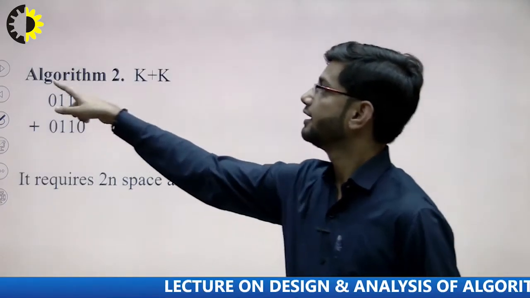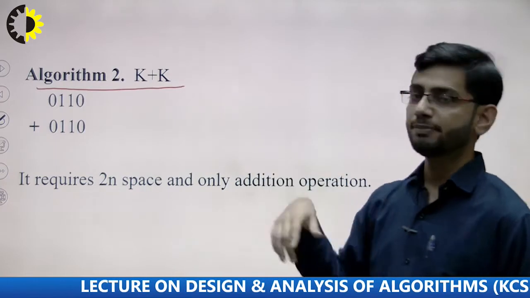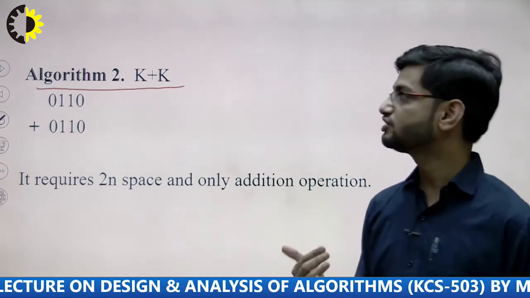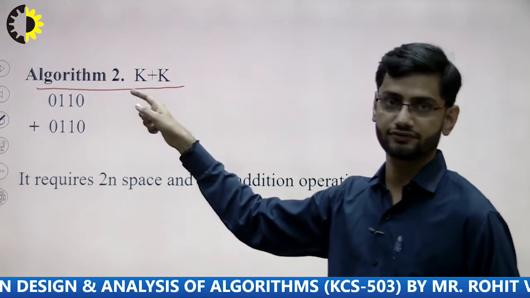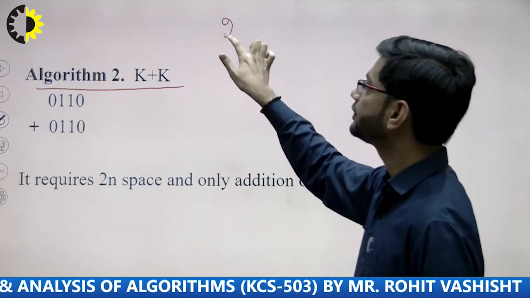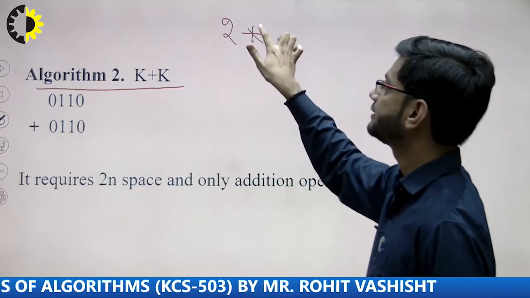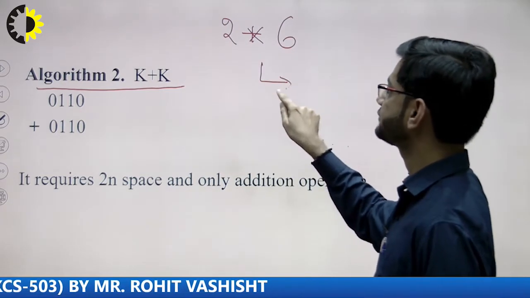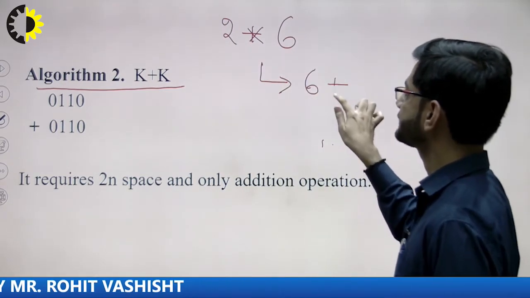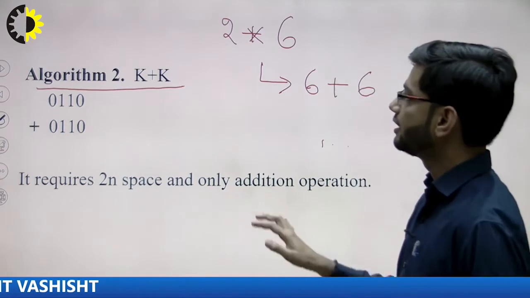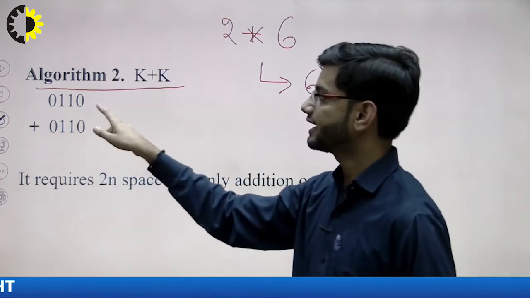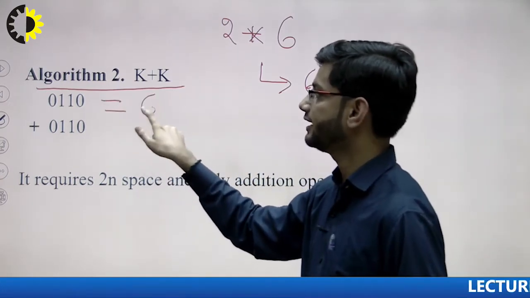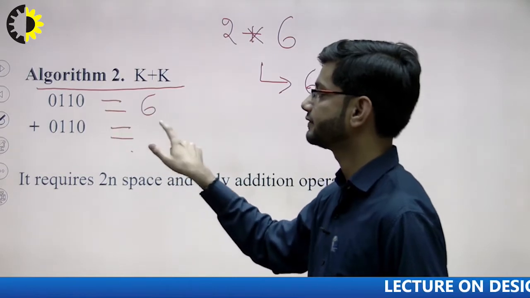Second approach says you can multiply a number by 2 by just adding the number to itself. If I want to compute 2 multiplied by 6, I can compute this also as 6 plus 6. So 6 plus 6 will again report the answer as 12.